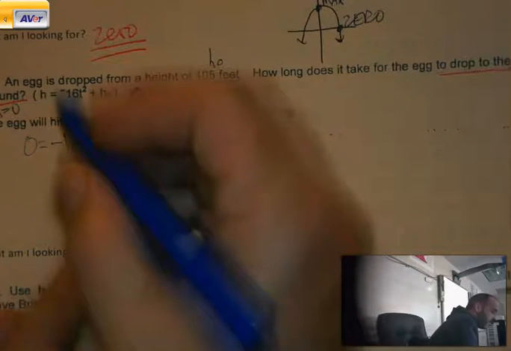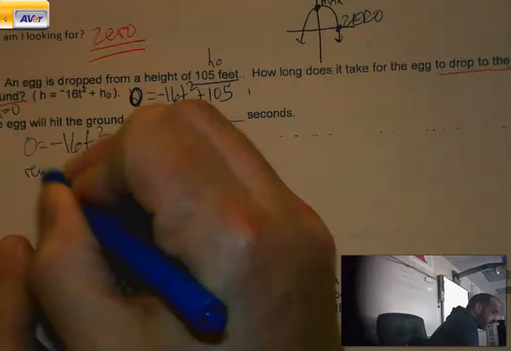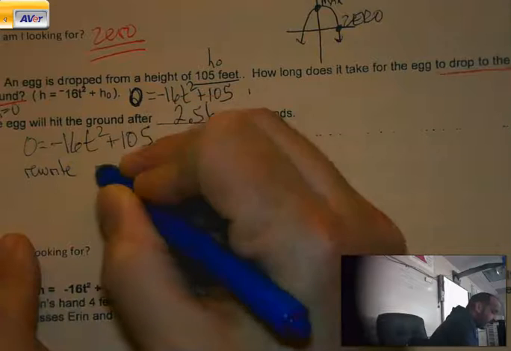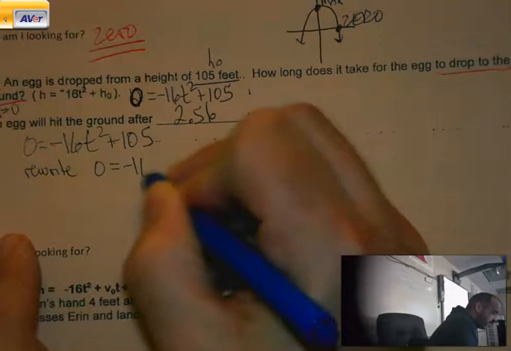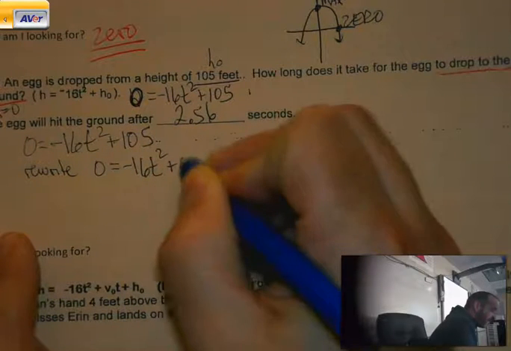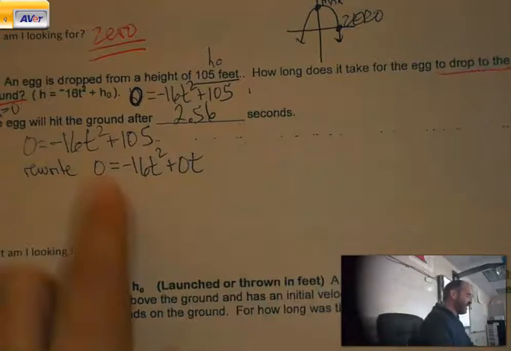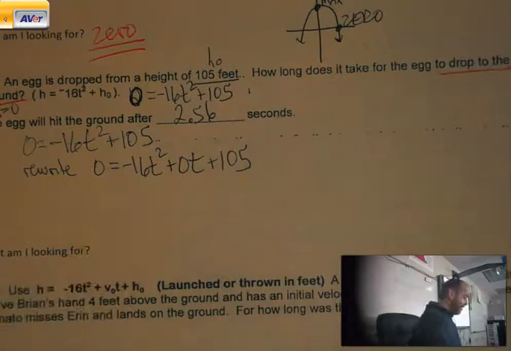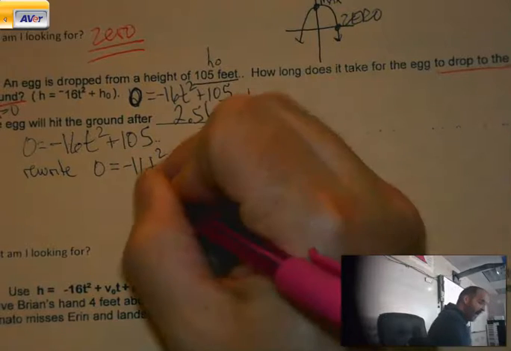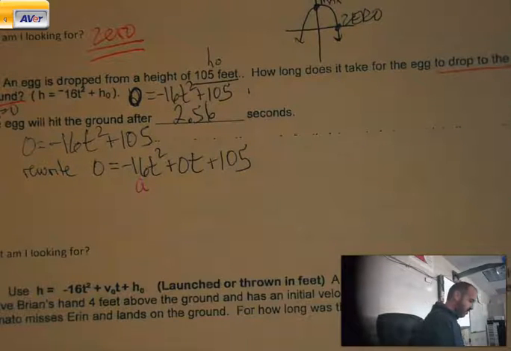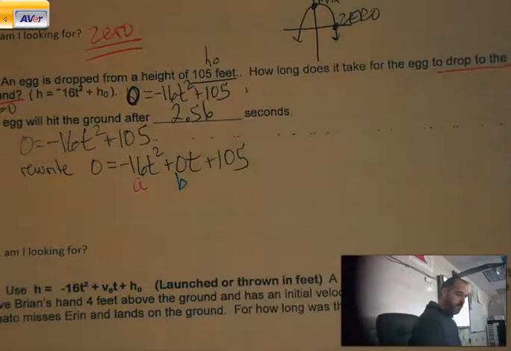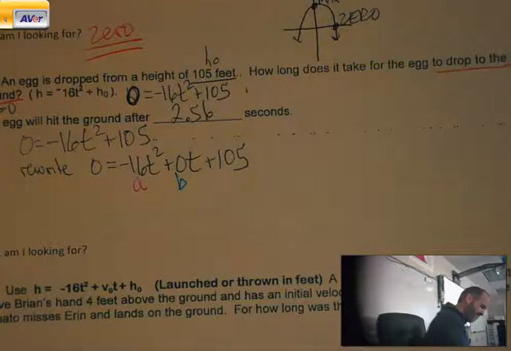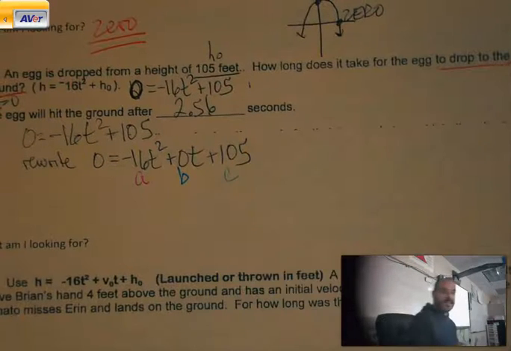So I'm just going to rewrite this for a second. If there is not a T, or you can make those X if you want to, I don't care. I'm going to put it in this way, so now I have A and B and C.